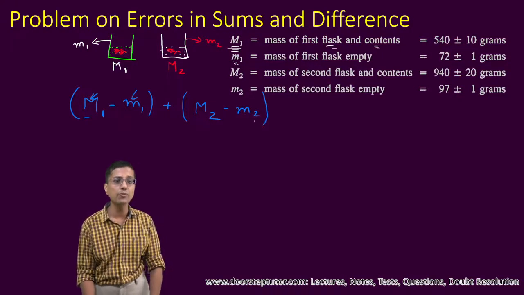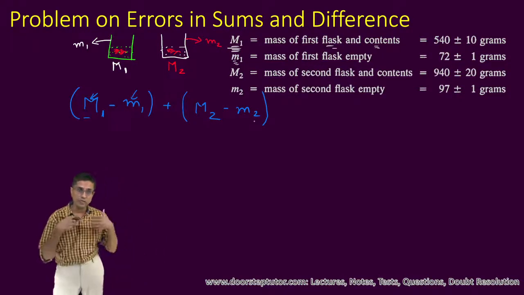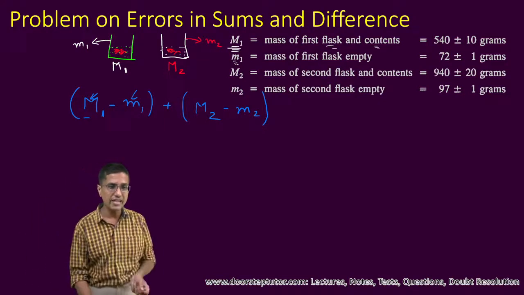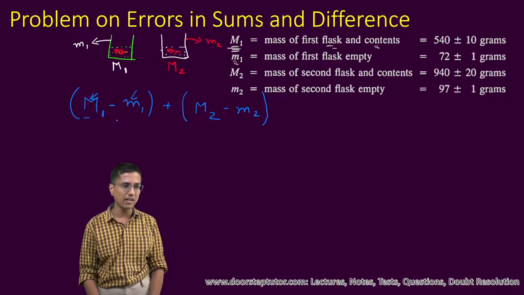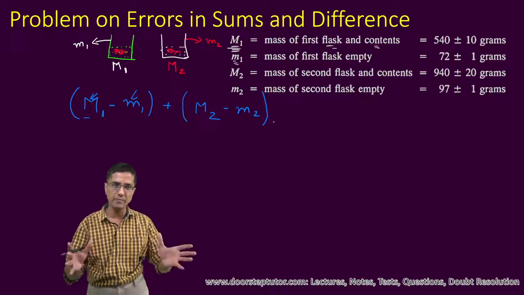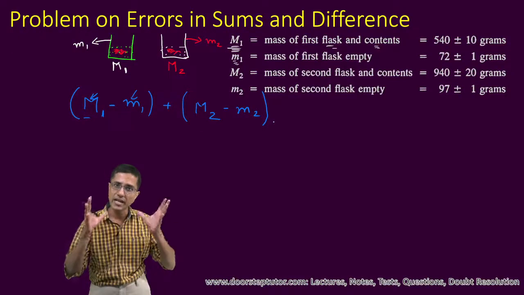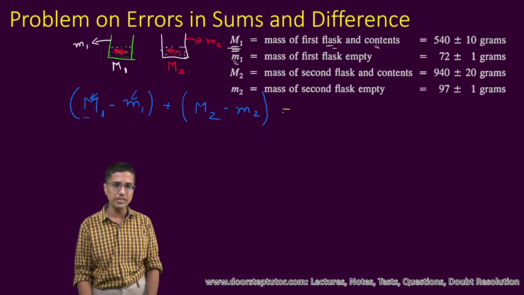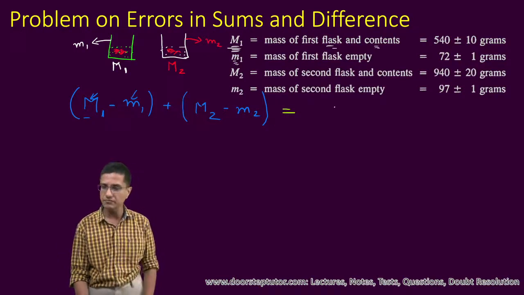This is what I want to measure. But I not only want to measure this basic quantity, I also want to measure the error in the total mass that I am measuring. So of course, first let's just compute the value of the quantity itself.